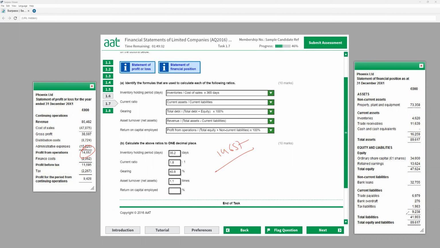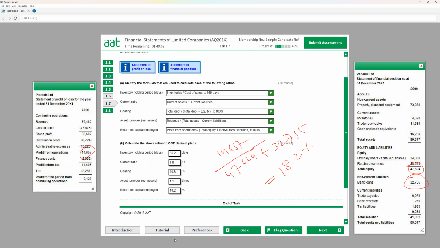So total equity, we have 47,624 and non-current liability, the bank loan, 32,755. And that gives me 18.2%. That's it.